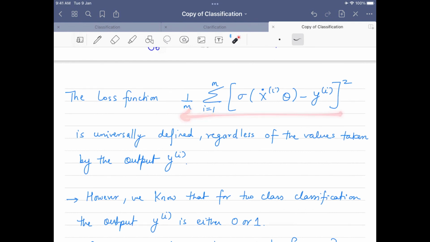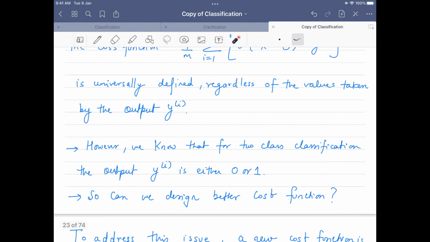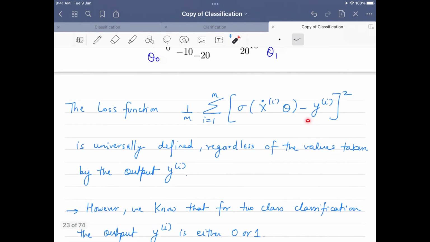So we want to find a cost function which handles only discrete values of yi, either 0 or 1. Here it is available for all the values of yi, so if you plug in any value of yi, it will give you results.